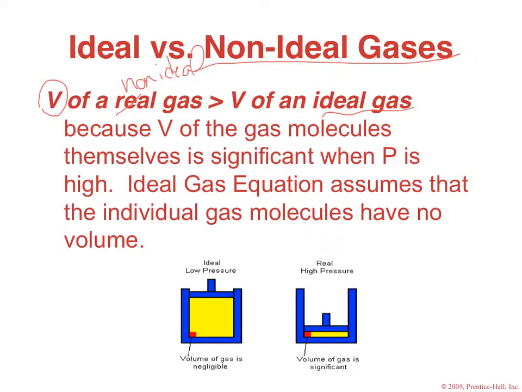That is it. The last 4 or 5 slides about non-ideal behavior would probably be a bonus type question, so don't get too upset if it seems really complex for you. You can go to the back of Chapter 5 in your textbook. It'll give you some sample problems on working with the non-ideal gas equation.